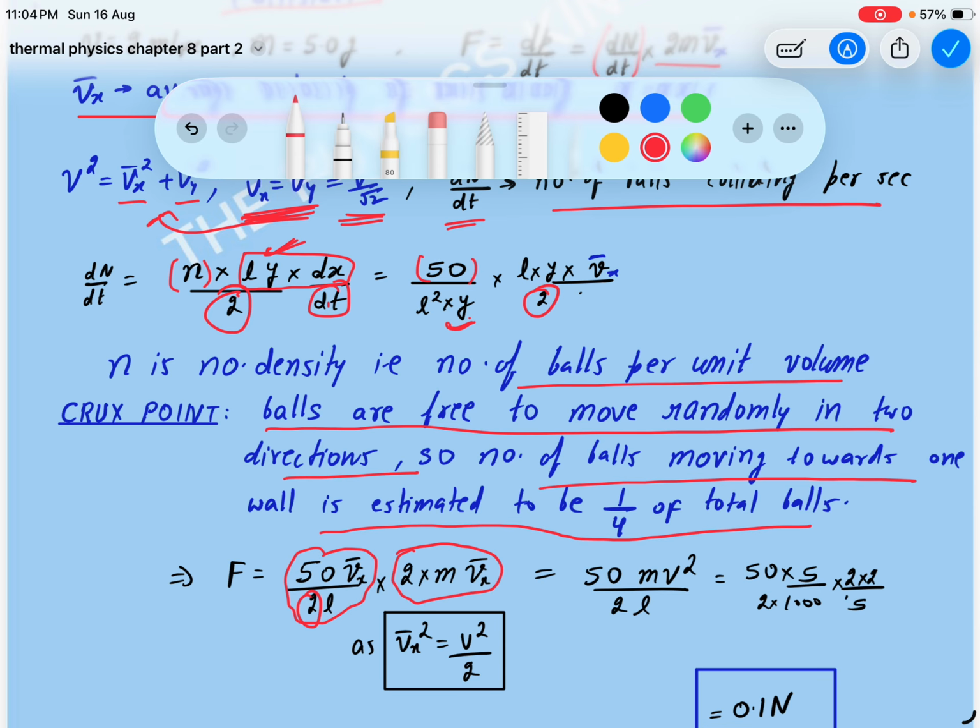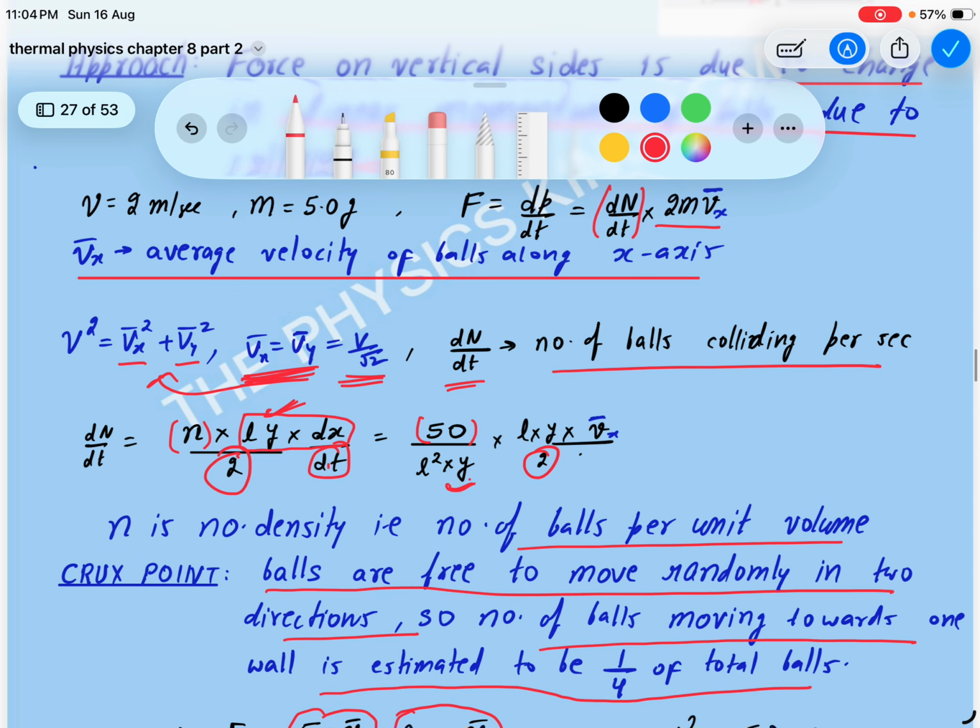You might be interested in this factor too. If balls are moving along x-axis, some are moving towards the surface where we want the force, and others are moving away from it.